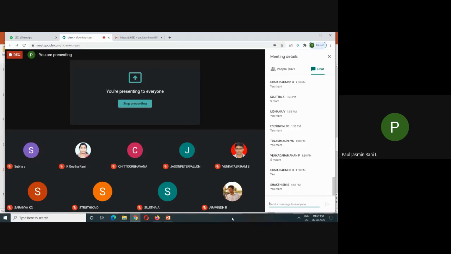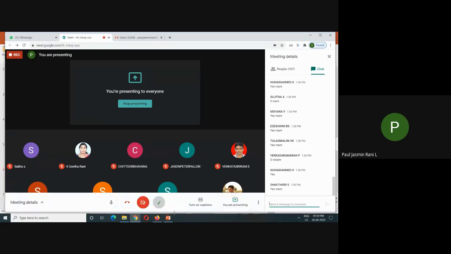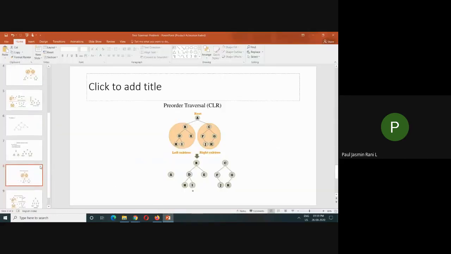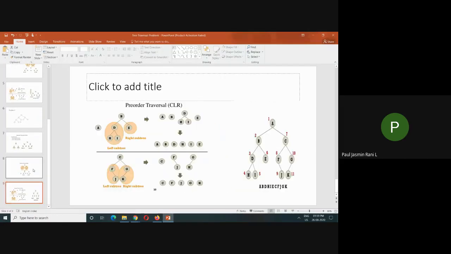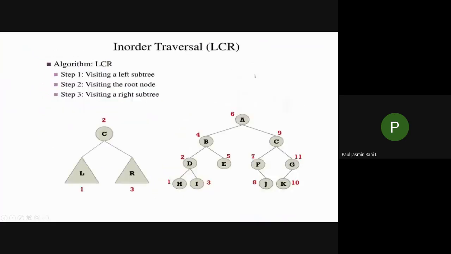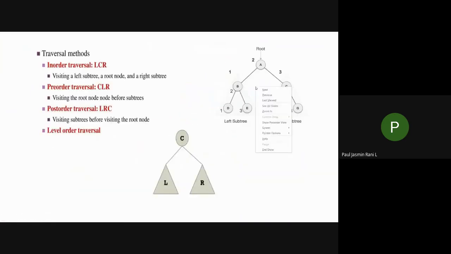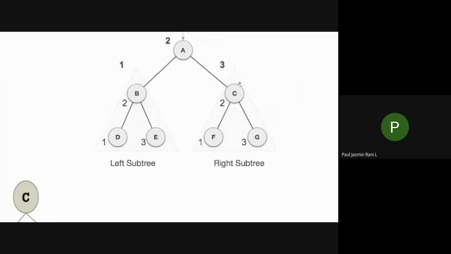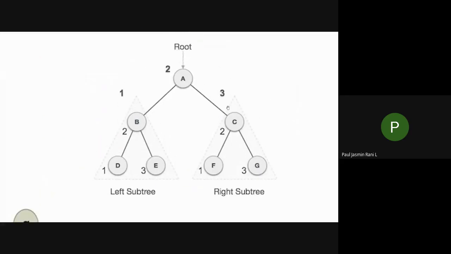Shall we try one more diagram? You have 2 more minutes. Take this one and try to solve this problem.